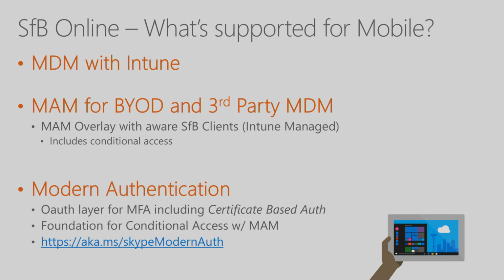One of the key advantages of managing your device with Intune and Skype for Business is that some of the policies are at a device level. If you're looking at preventing data leak scenarios with Skype for Business, you would ideally want to manage the device as well.